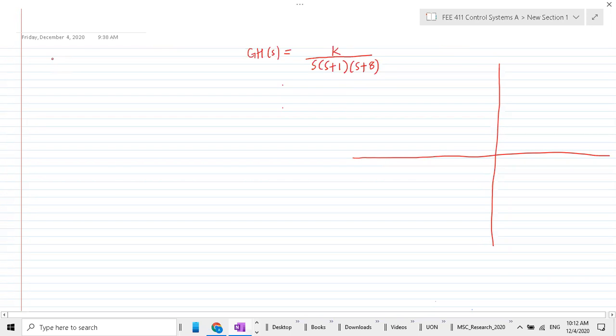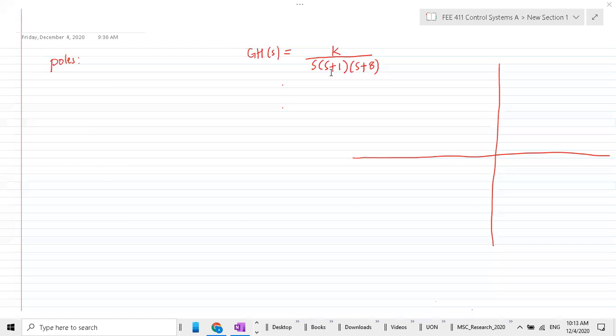This is what I normally do. I write the poles like this, and then identify the poles.